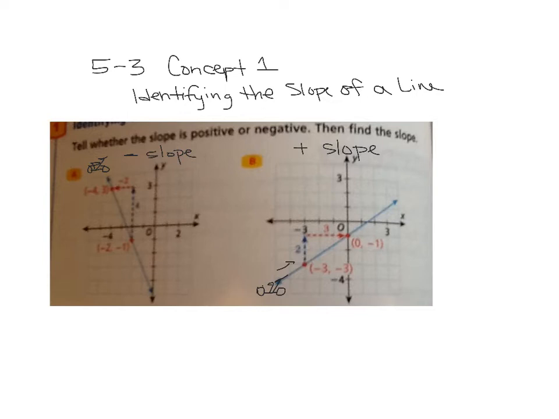Now, slope is defined as the steepness of a line, but we can use slope equals rise over run, which is your vertical change over your horizontal change.